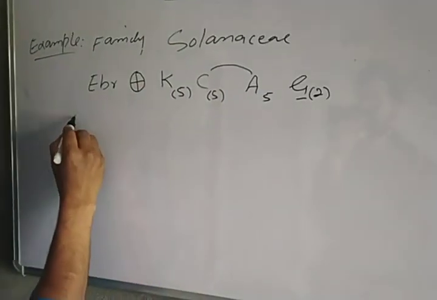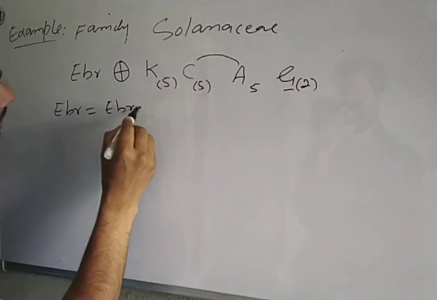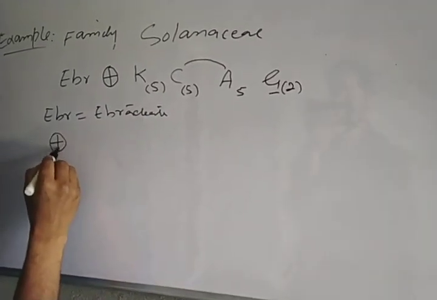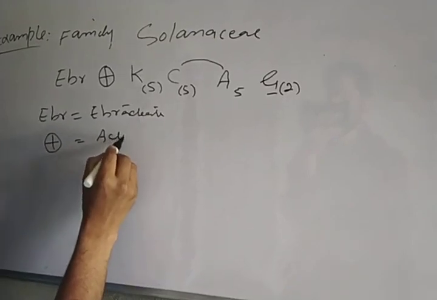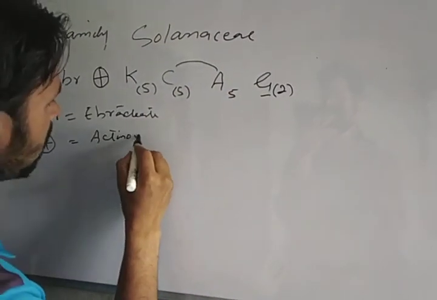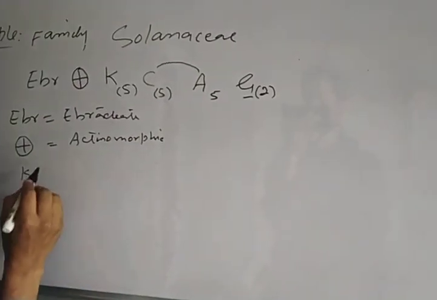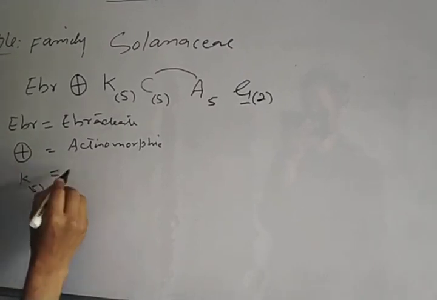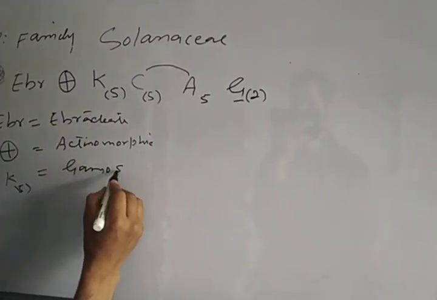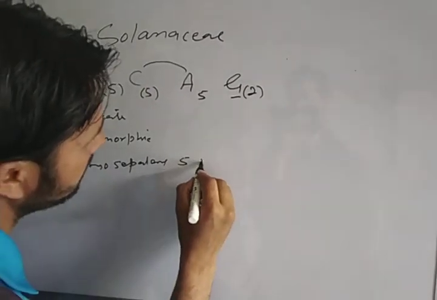So we can say EBR is ebracteate. This condition is actinomorphic. I have said it before. What does K represent? K in 5 fused, that means calyx, gamosepalous, 5 in number.